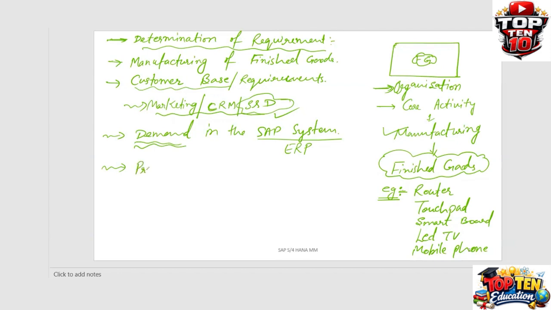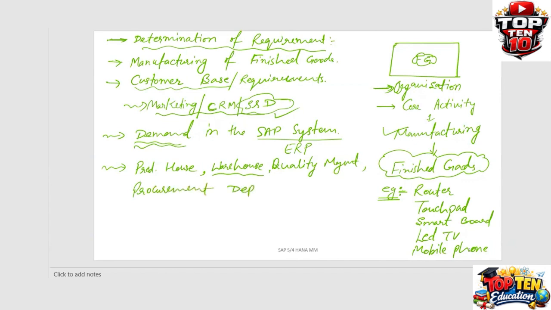There is one production house, so they will intimate about the production of those finished goods. Then the warehouse provides all the required items to the production house. After the warehouse, there is quality management.